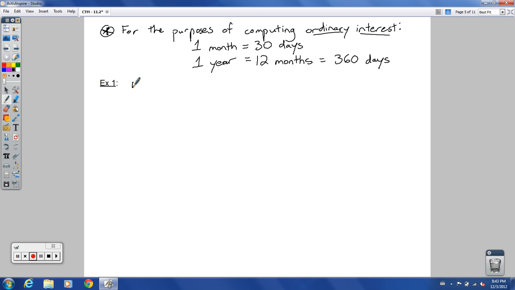You are borrowing $5,000 to pay for a car. Suppose you get a 6-month loan.